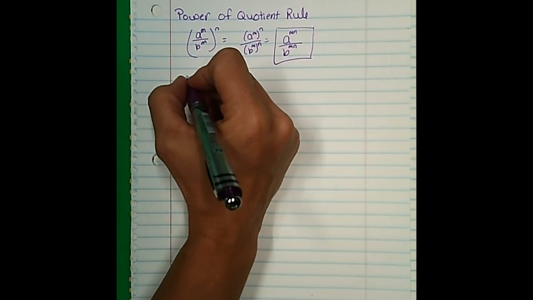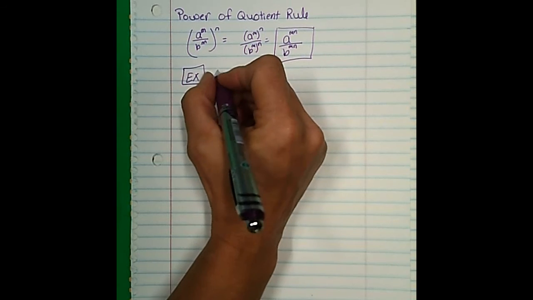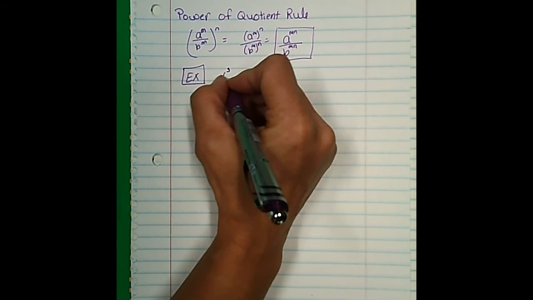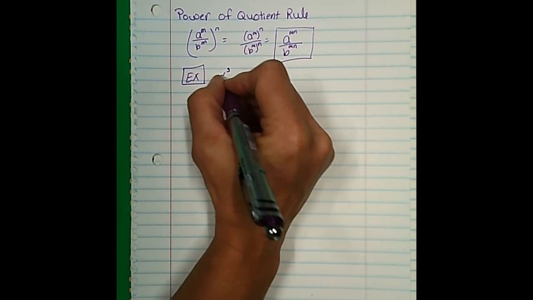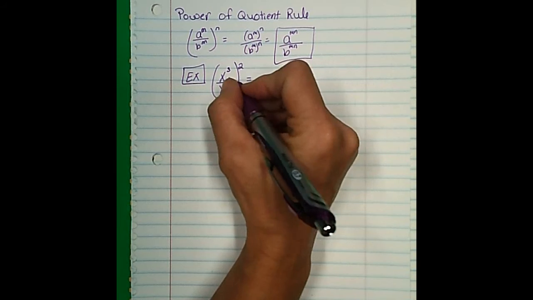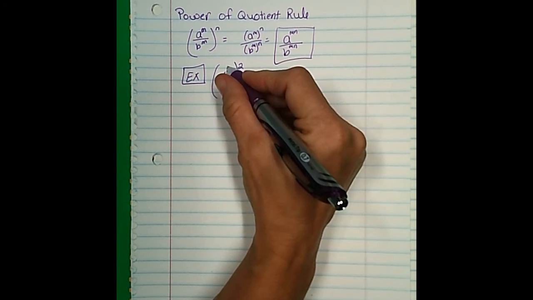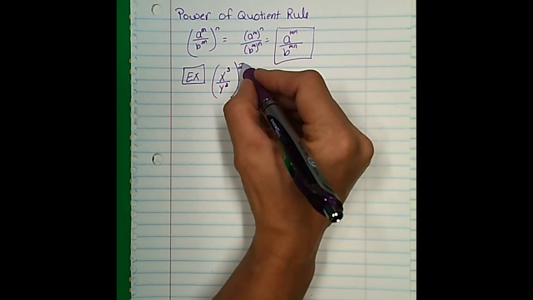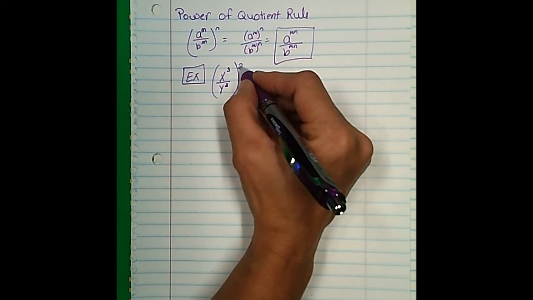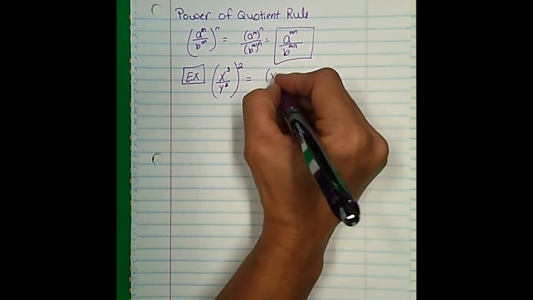So let's use an example. I have x raised to the third power over y raised to the second, and it's all being squared. So I need to distribute this power on the outside to everything in the parentheses. Whenever we look at a power, we always look at what's in front of it, and what's in front of this 2 is actually the parentheses.